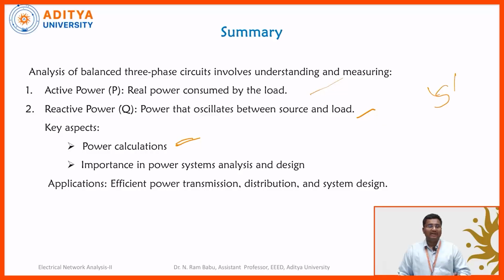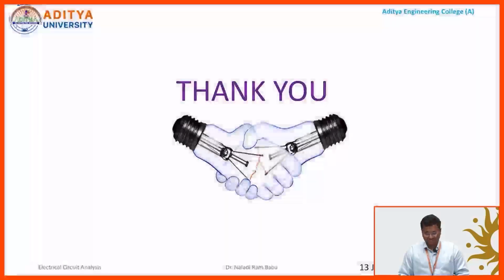That MCB is designed for 20 amps, which means the maximum current that can pass through the AC is 20 amps. Like that, we calculate the values of power, voltages and currents so that an efficient power transmission and distribution system can be designed. With this we have concluded this session, and in the next module we are going to start the third module of our class.